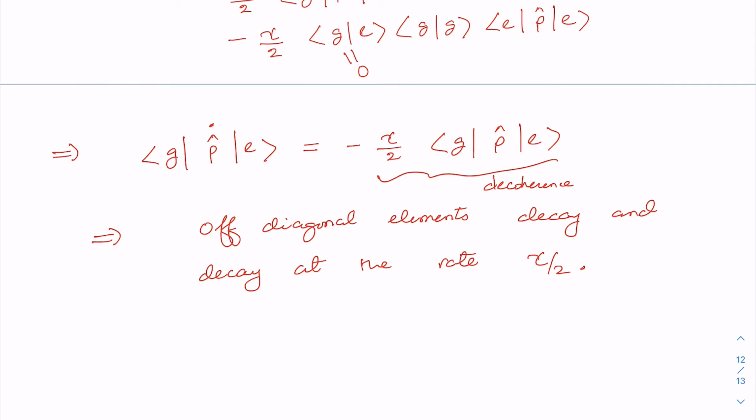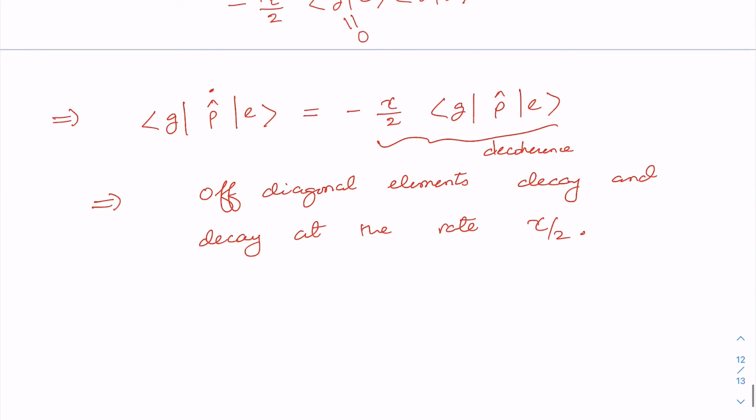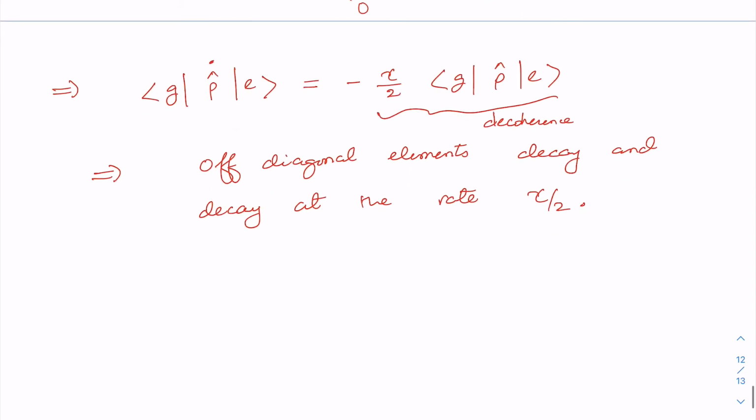So you see, this model, the quantum master equation, gives us information about the evolution of the coherences also, which our simple model was unable to give.